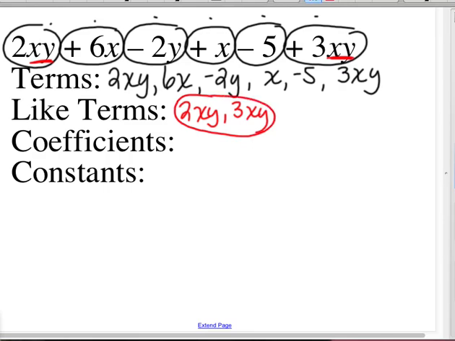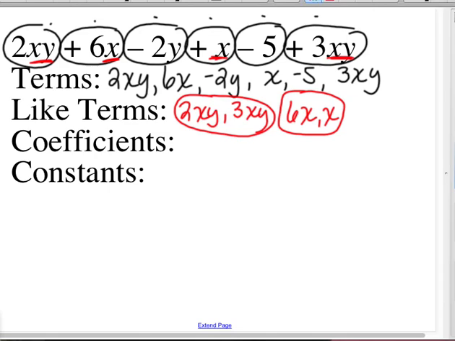Start over in my list. I notice I have an x here. Oh, there's an x there. Those guys go together. 6x and x. Yep. They belong together. I've got a y. Nobody goes with him. And then I've got just a plain old number with no variable. Nobody goes with him. That's it. I'm done with like terms.